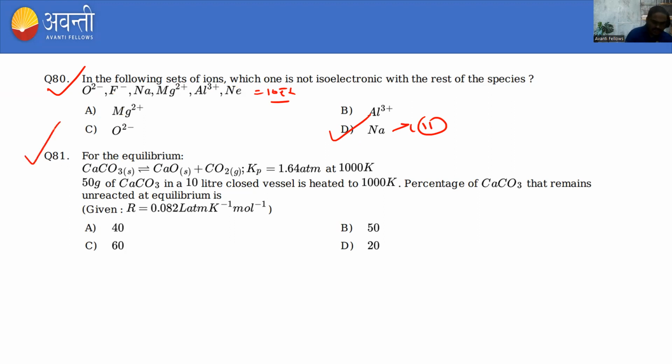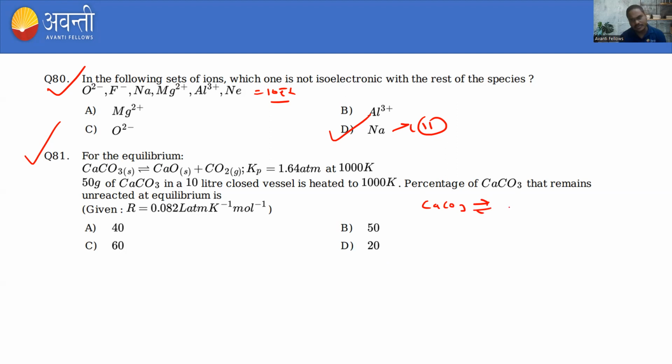Now move to the question number 81. For the equilibrium, calcium carbonate will give CaO plus CO2. Kp is already given. 50 gram of CaCO3 in the 10-liter closed vessel is heated to 1000 Kelvin. Now, the percentage of CaCO3 that remains unreacted at equilibrium, they are basically asking. So, let me solve the question by applying the ideal gas equation. So, here we have CaCO3.